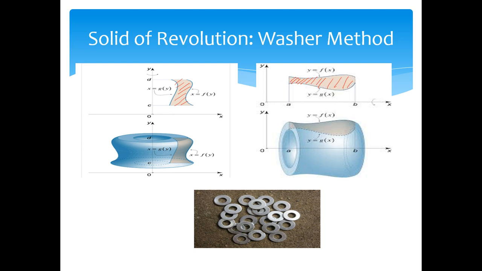The washer method here is a method we use. We slice these up into small washers like this, and we sum up the individual volume of each washer, and when we sum them up, it gives me the overall volume of the whole shape.